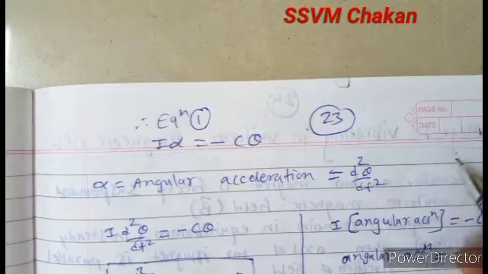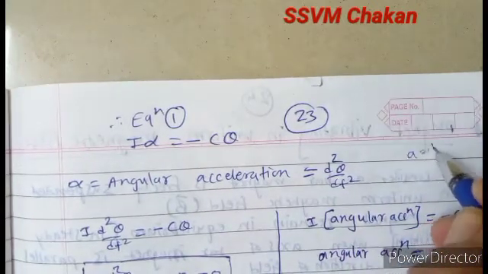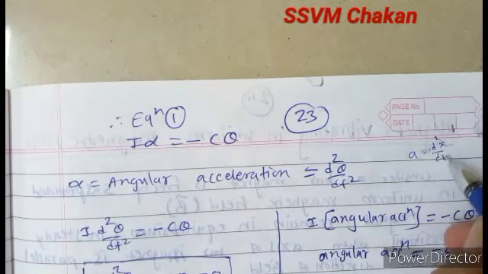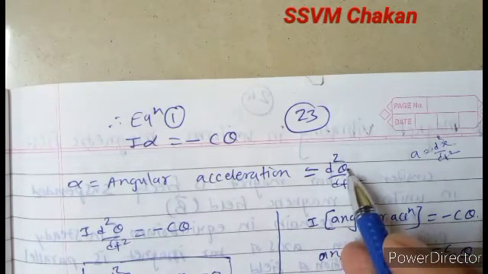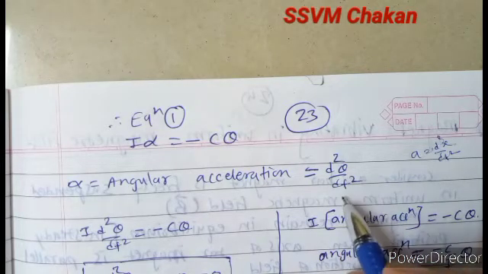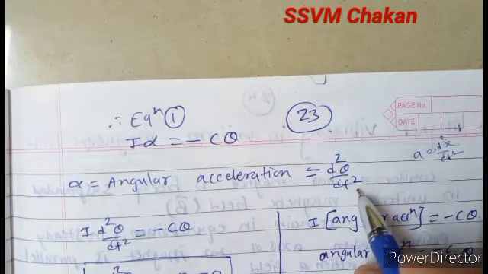Just like the linear acceleration a is equal to d2x by dt square, angular acceleration can be written as d2 theta divided by dt square.